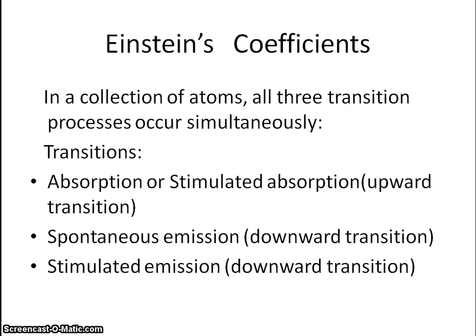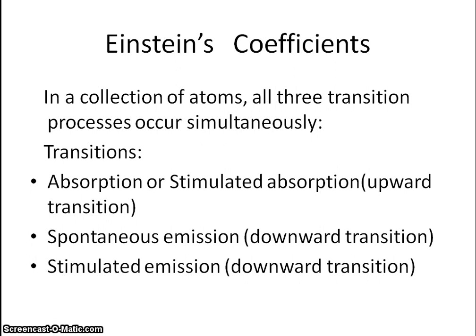Now coming to what are Einstein's coefficients. Einstein's coefficients give you a relationship between the spontaneous emissions and stimulated emissions. So we would see in a collection of atoms, all three transition processes occur simultaneously. That is absorption, spontaneous emission and stimulated emission.